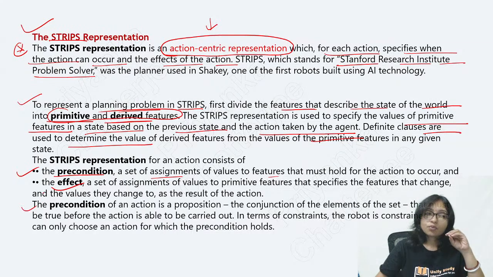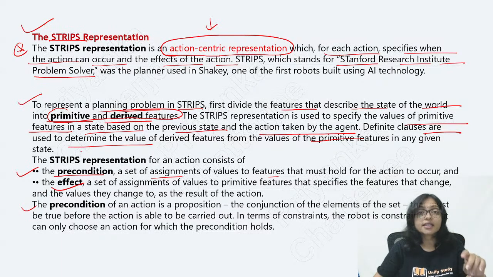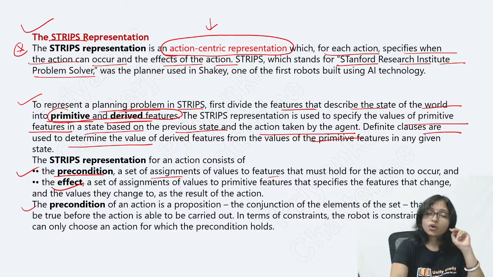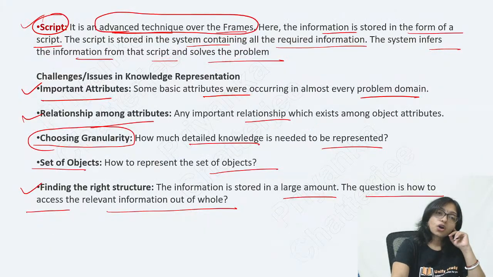Ultimately, what should be the precondition for the action, when you can take the action, and after the action what will be the effect, the after effect. That is what it is focusing on, because it is focusing only on action. Okay, clear? All these are clear.